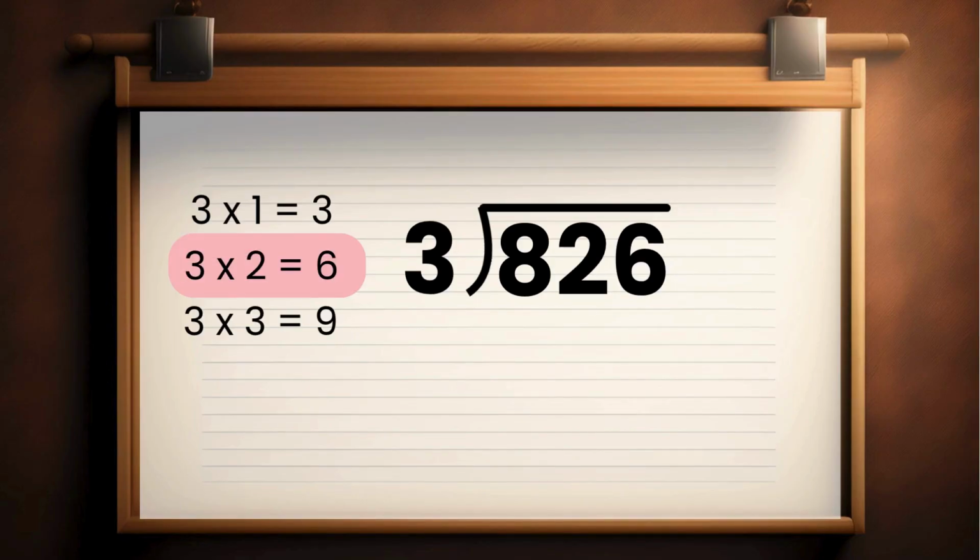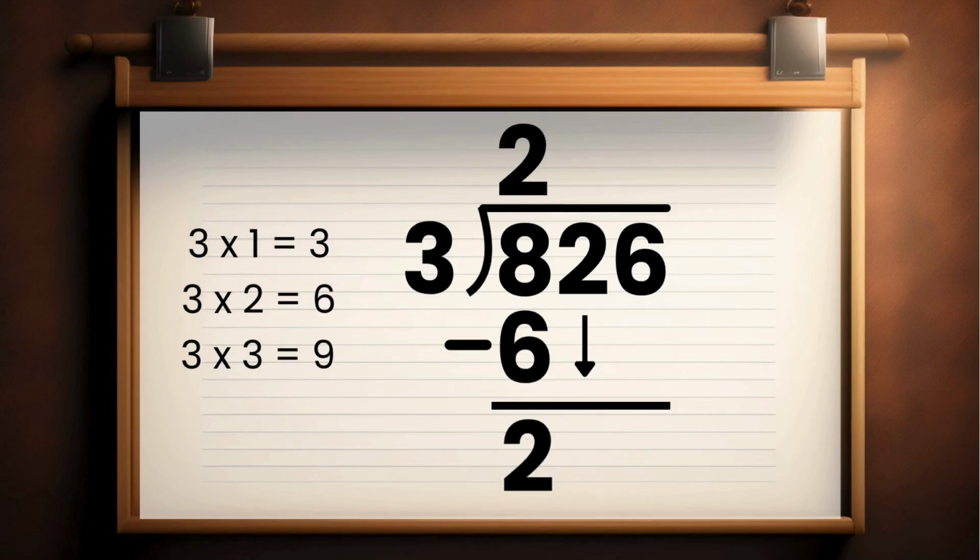So 2 is the required number. 3 into 2 is 6. So write 6 below 8. Subtract the number you got by multiplying the divisor from the number in the dividend. 8 minus 6 equals 2.